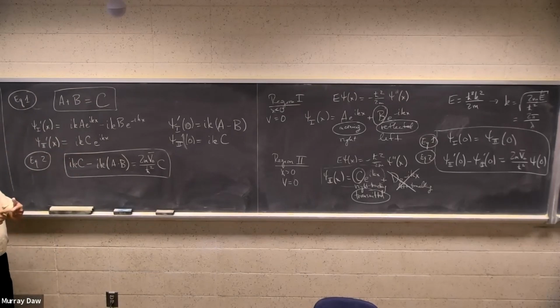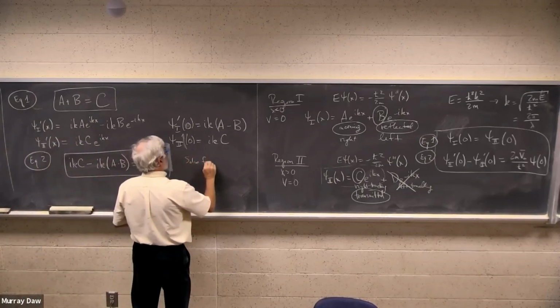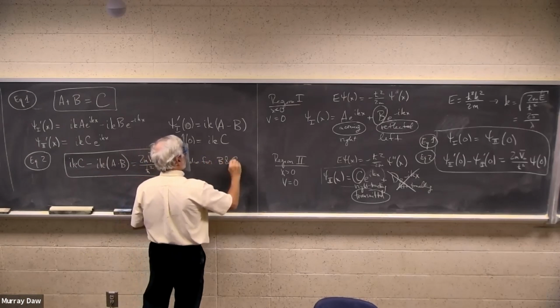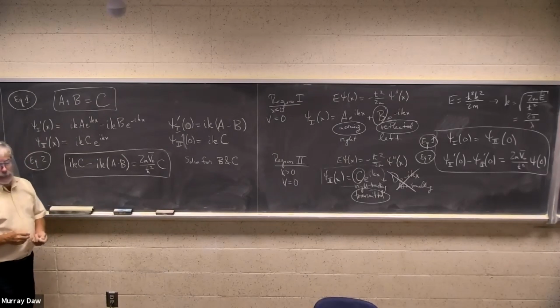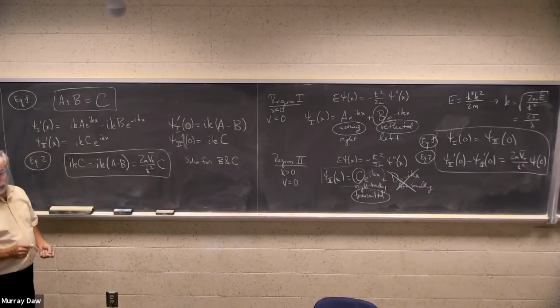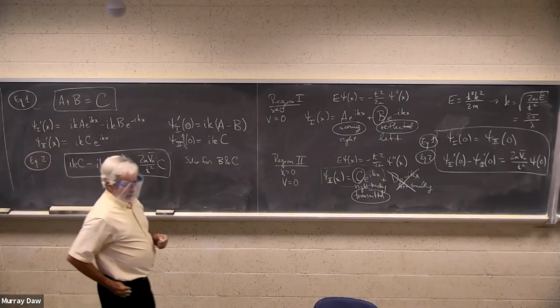Remember, B and C are unknown, but they're complex. A is also complex. A is in general complex. So we need to solve these two equations for B and C. Both B and C will be proportional to A. Why do you suppose that is?